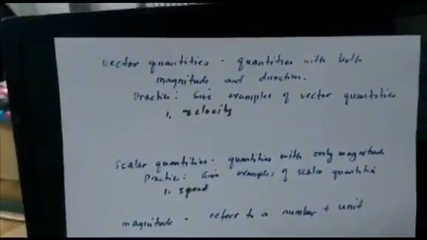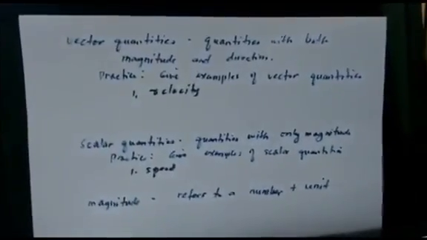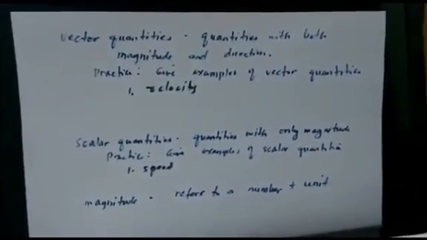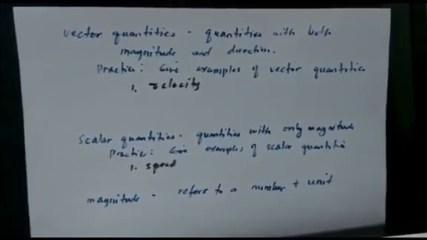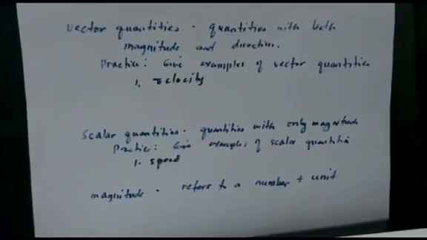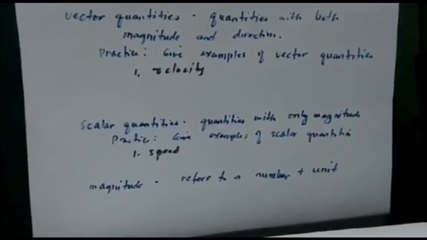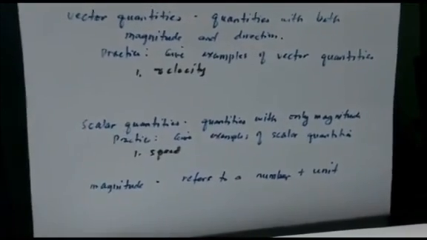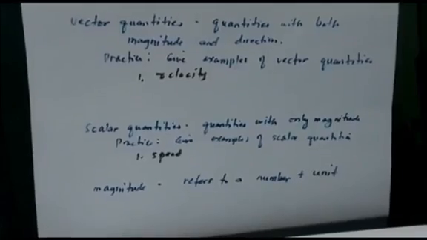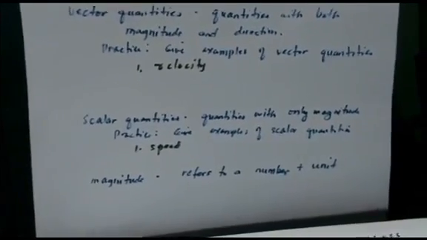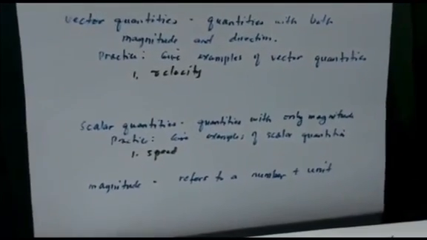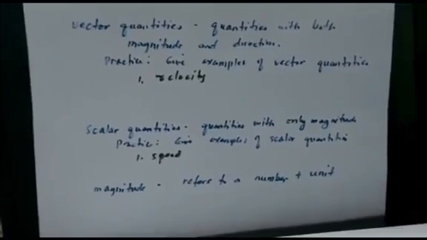For your activity, I would like you to continue filling out answers for the practice. Give examples of vector quantities. I already gave you an example: number one is velocity. For scalar quantities, I also want you to give examples of scalar quantities. I already gave number one as speed.